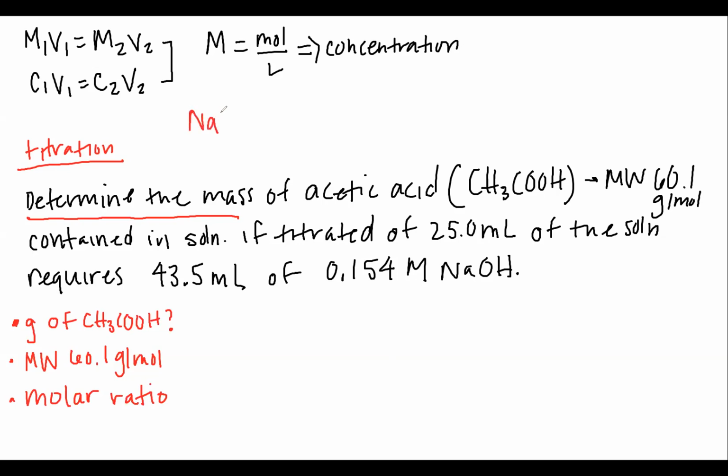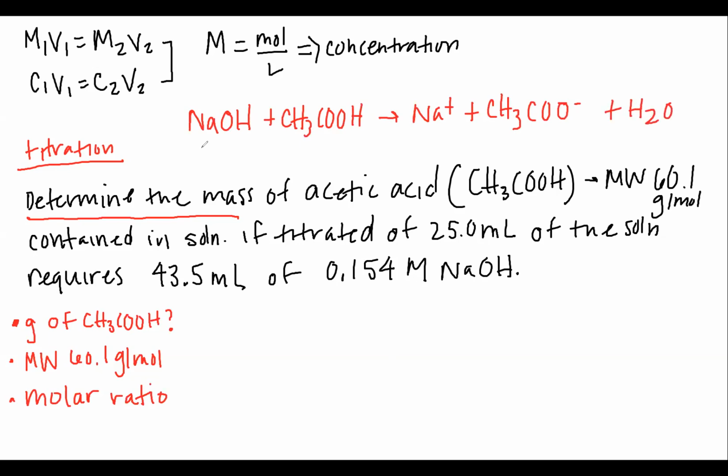We have NaOH plus CH3COOH will yield sodium ions plus CH3COO minus plus H2O. Okay, so that will be the equation that he'll give you, and 9 times out of 10 it should be already balanced for you, unless he tells you please balance.